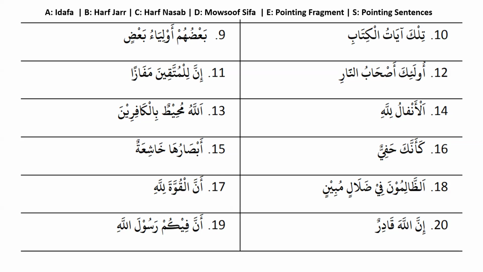Number 13: Allahu muhitun bil kafirin. Muhitun means that Allah is encompassing. Allah is the one who can grab everyone, encompassing. What does bil kafirina mean?